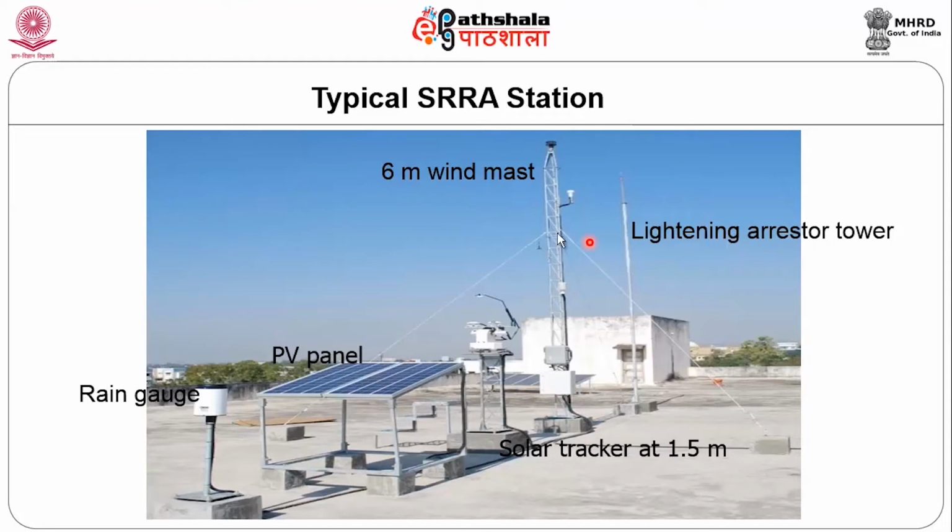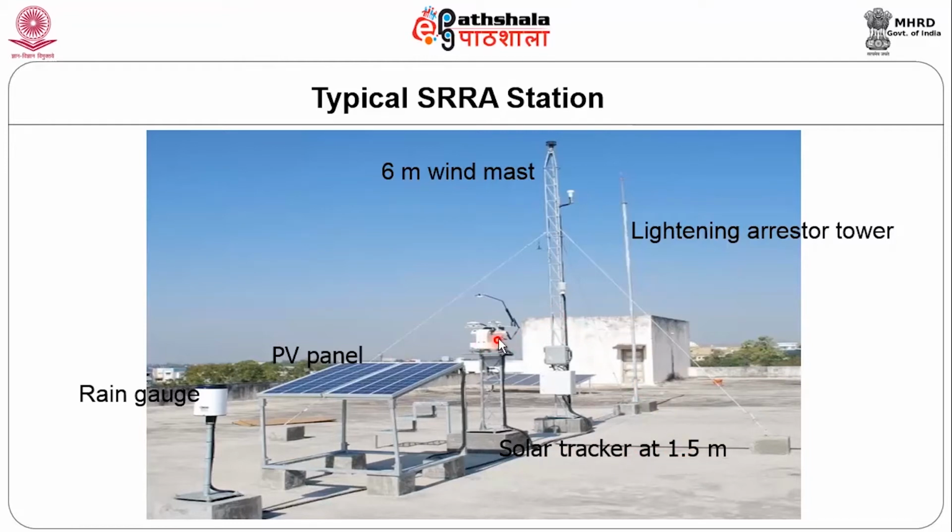This is a typical station, and here you see the lightning arrestor tower. Lightning should not affect the system, which is why we put a lightning arrestor tower near it. This is the wind mast, about 6 meters in height, and here is the solar tracker at 1.5 meter height.